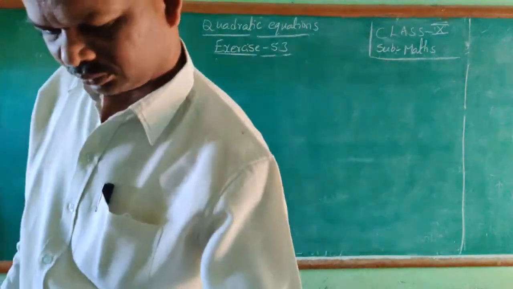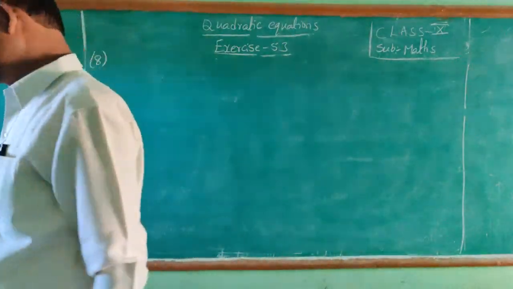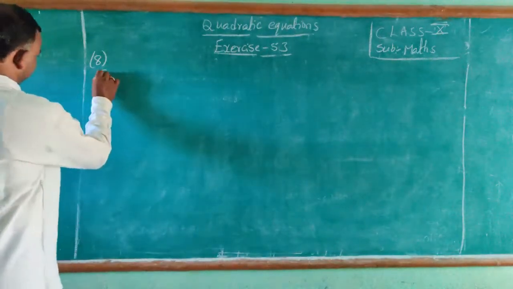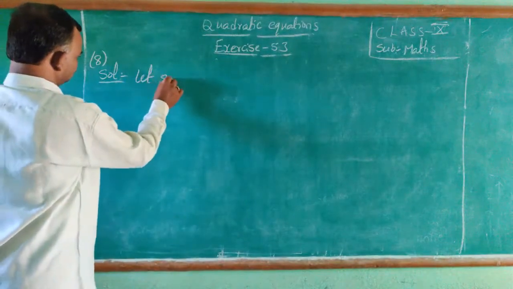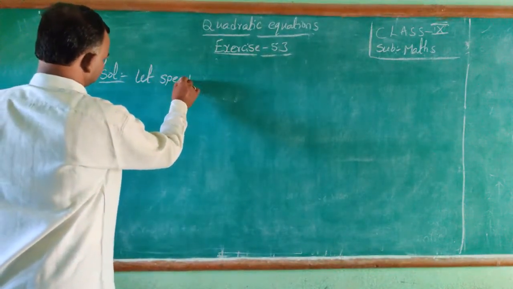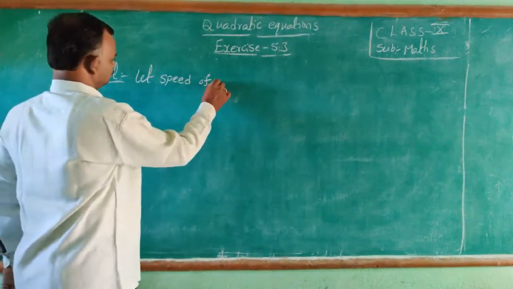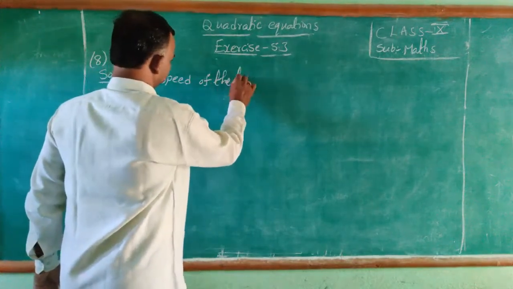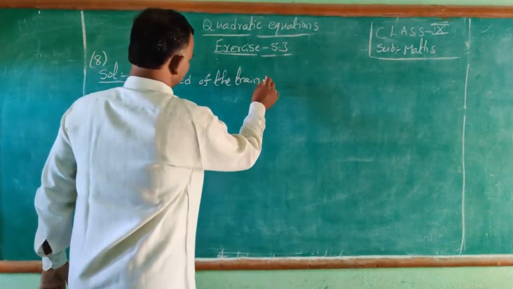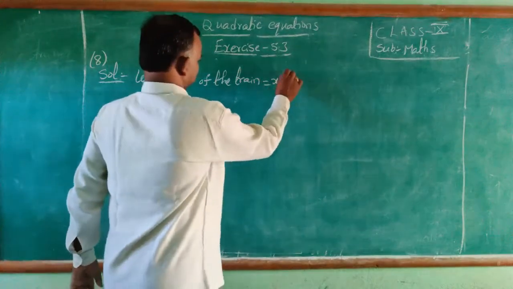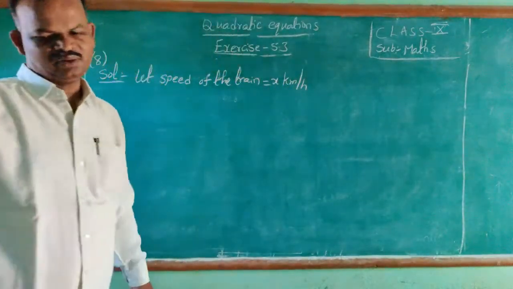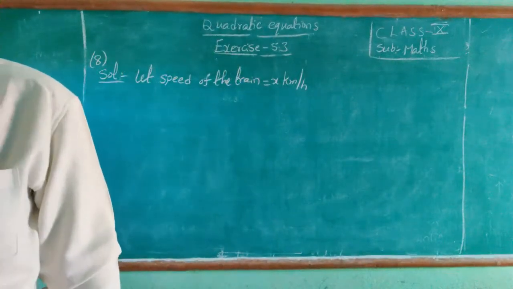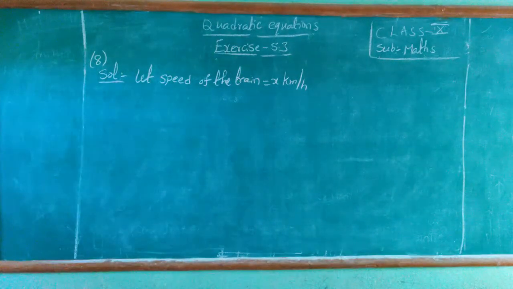Solution. Let the speed of the train be x kilometer per hour.